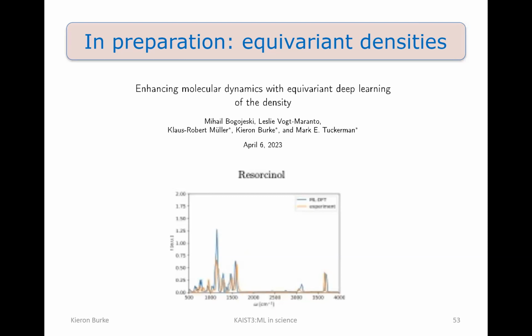Now, Mihail Pawlowski, who's the new graduate student on this, has a new way of representing the density that's equivariant in terms of the symmetries around the atoms. And we use that also to characterize the energies, forces. So it's actually much more efficient than our old things, and also, you don't have to enhance the data.